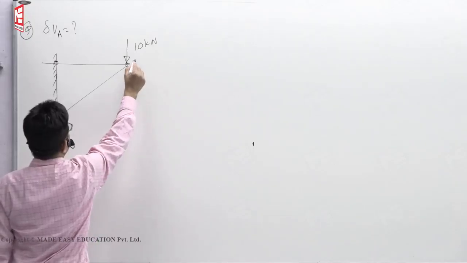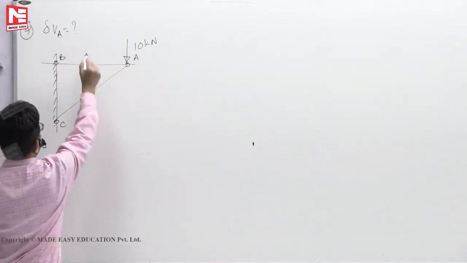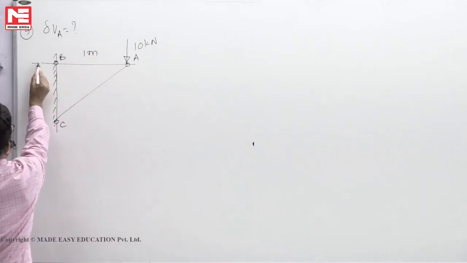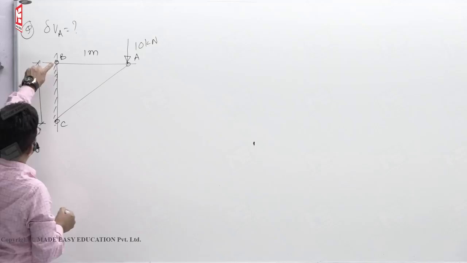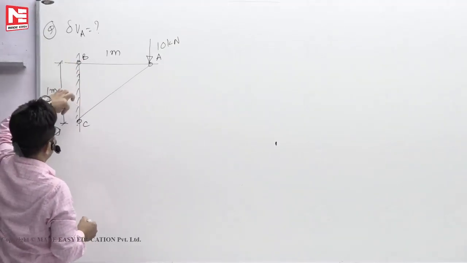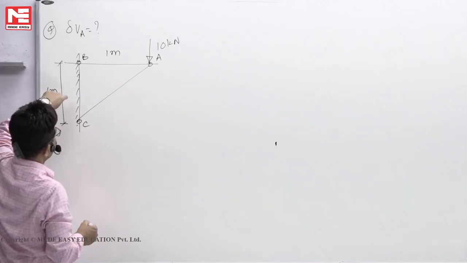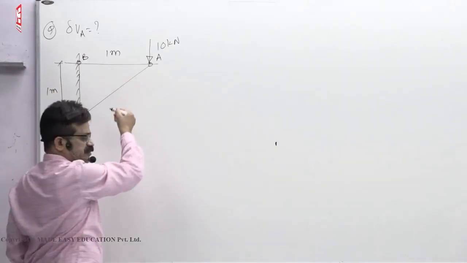This is 10 kilonewton, let us say. These are points A, B, C. This length is 1 meter. This length is also 1 meter. It is hinged at both ends, fixed. They cannot move upward or downward or right or left. So this now becomes a stable structure, a stable truss.